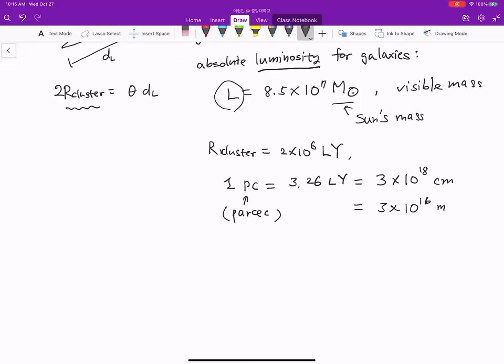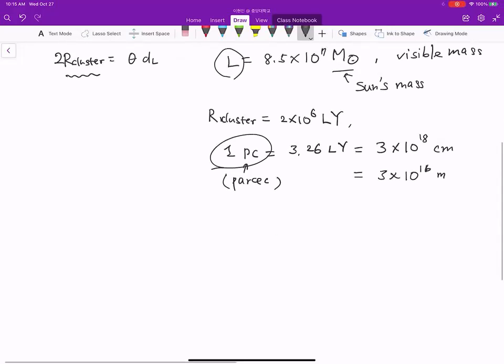Now, the reason to use this unit parsec, as I remember, is that there's the sun and Earth, and then how do you call this? Parallax.